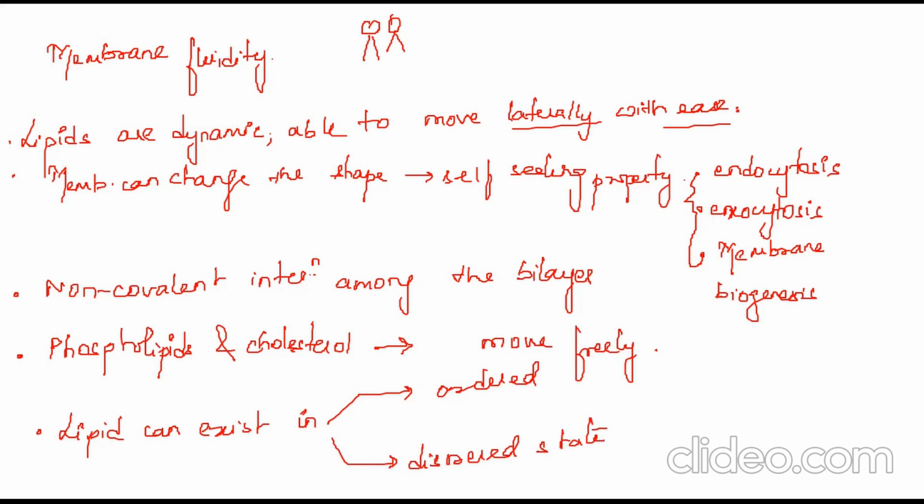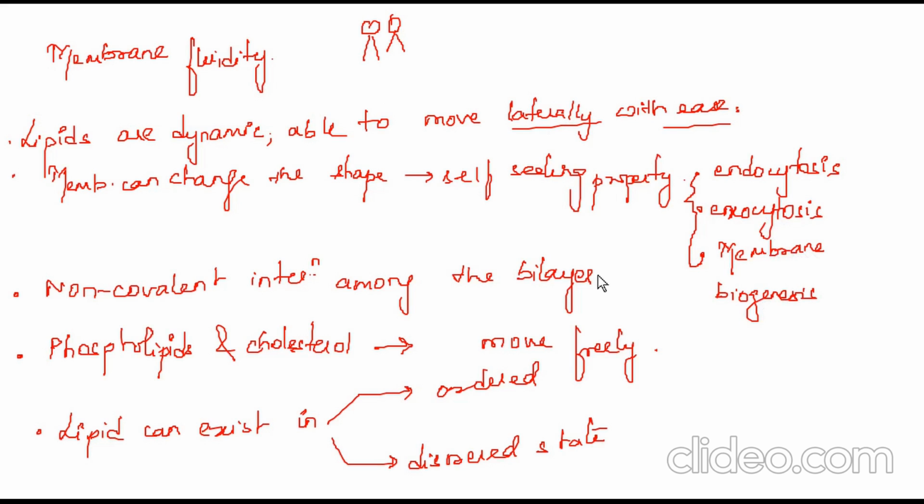So let me summarize what we studied: the biological membrane is dynamic in nature, because the lipid molecules can move laterally easily. The membrane can change shape. They have the self-sealing property. That means after endocytosis, exocytosis, or during membrane biogenesis, they show self-sealing.